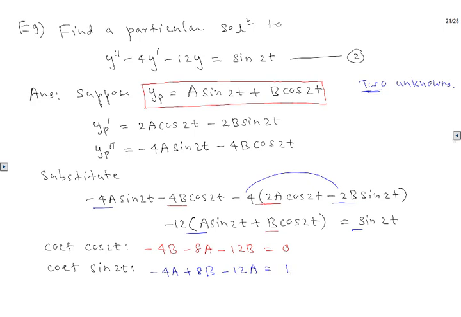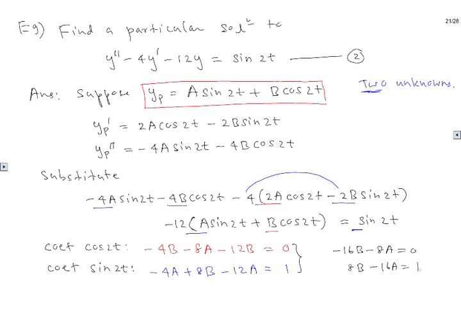So now the goal is to solve these two, but you can see that you can simplify this a little bit. So if you simplify, what do you get? When you simplify, it's going to be negative 16b minus 8a equals 0, and the other one is 8b minus 16a equals 1.